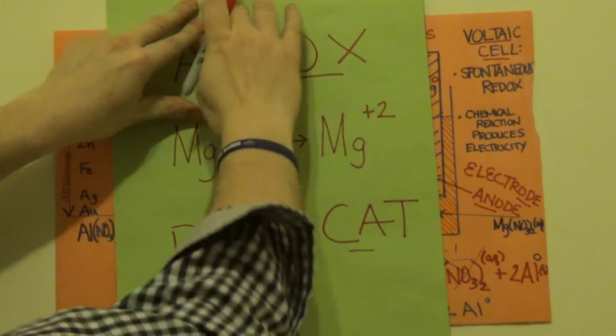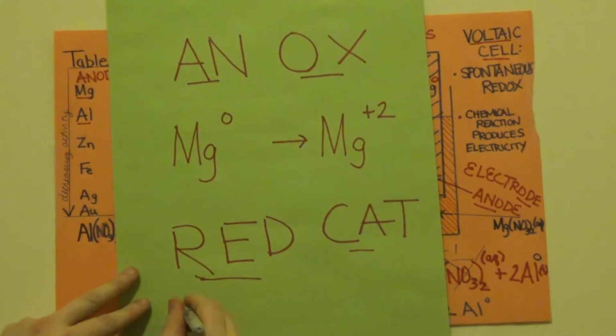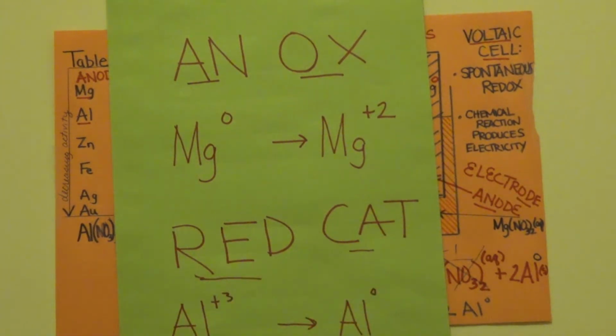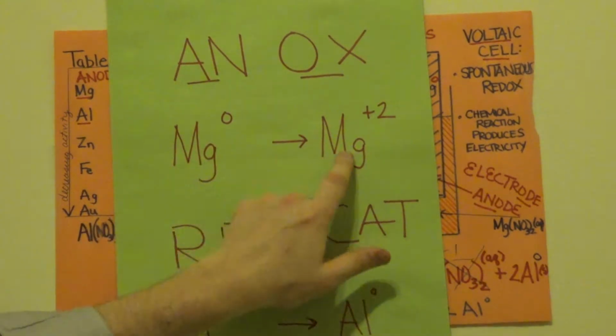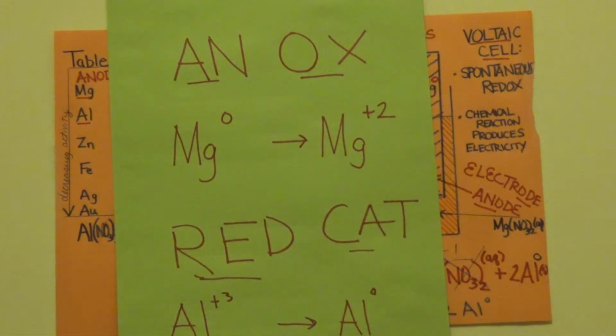So let me write that here: Al plus 3 turning into Al 0. All right. Now, what may have jumped out at you, we've already talked about half reactions. I have the same number of magnesiums on both sides, so there is conservation of mass, and I have the same number of aluminums.